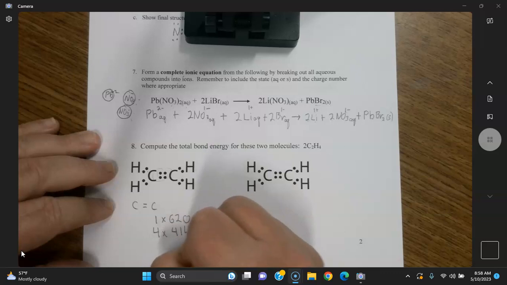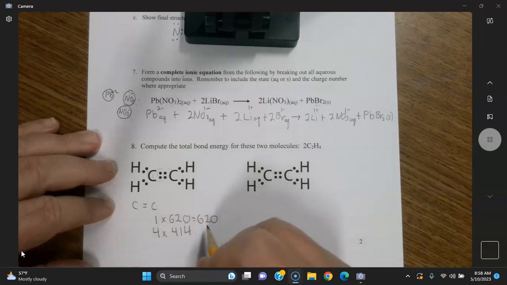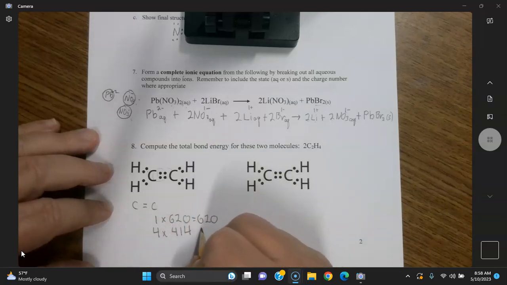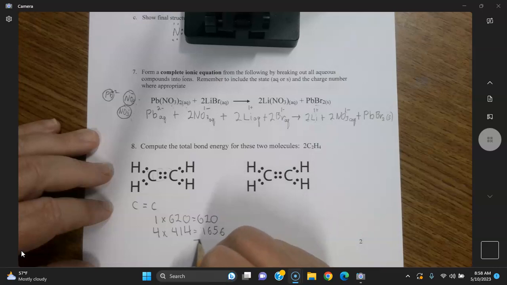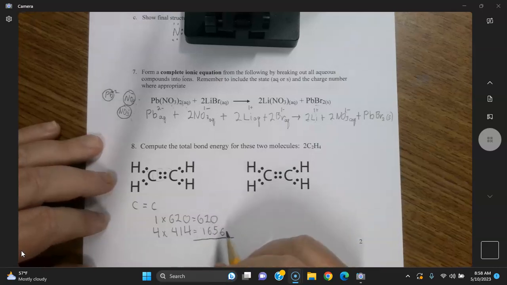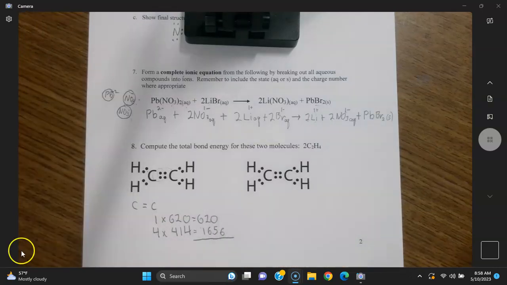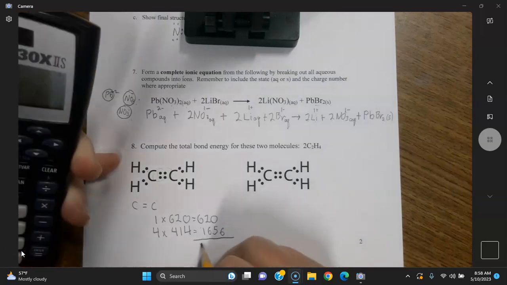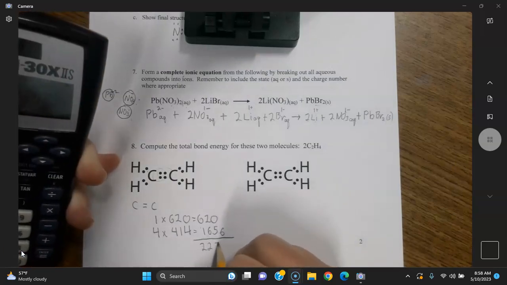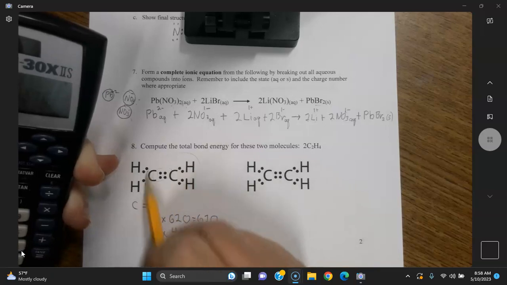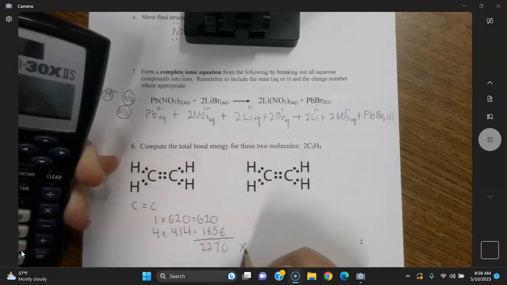So this is going to equal 620. This is going to equal 1,656. Now you can add those two together, and you get 2,276. Now you have 2 of these molecules, so you multiply that by 2.